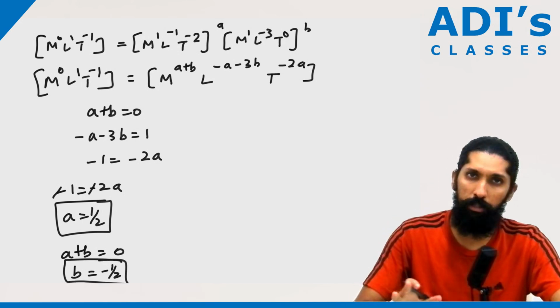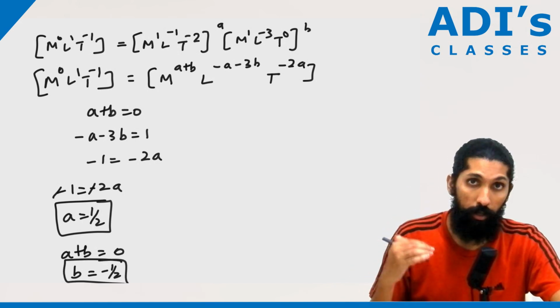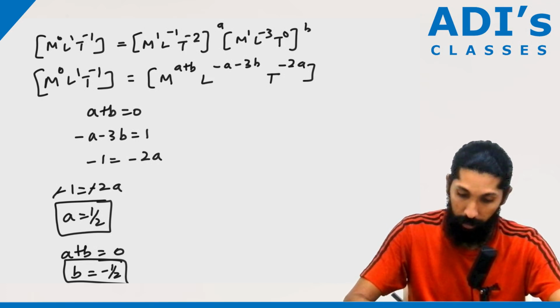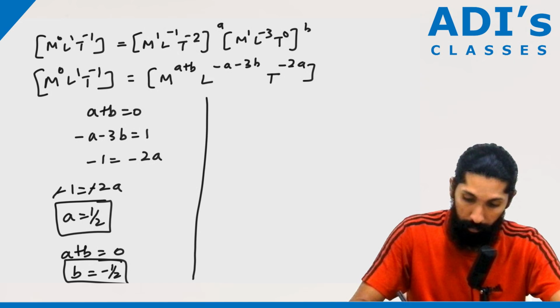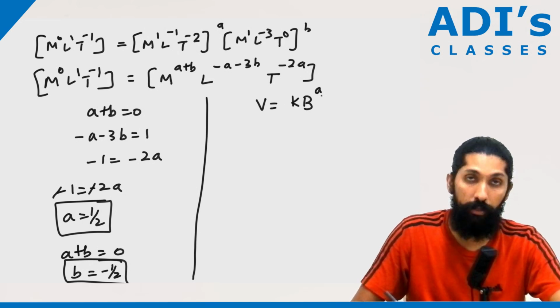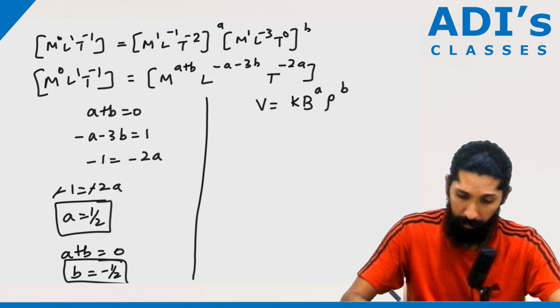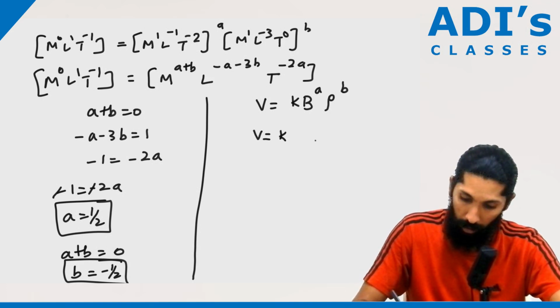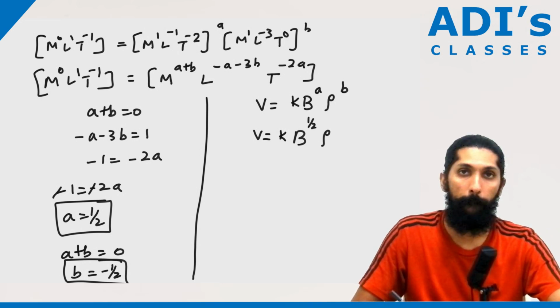Now substitution, that's all, very simple. You have to substitute in the equation V is equal to K B power a into rho power b. So V is equal to K into B power half, rho power minus half.